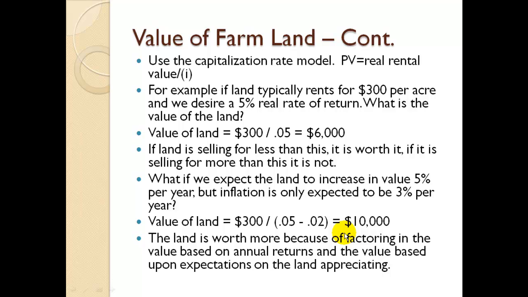So to find the value of the land, we take $300, our lease payment, divided by our 5% real rate of return, minus the 2% growth rate, and that's going to equal $10,000. So the land is worth $10,000, and that's more than that $6,000 because we factored in the value of the land, and it's based upon its annual returns, plus the value based upon expectations of that land appreciating in value. And so together they make up $10,000.